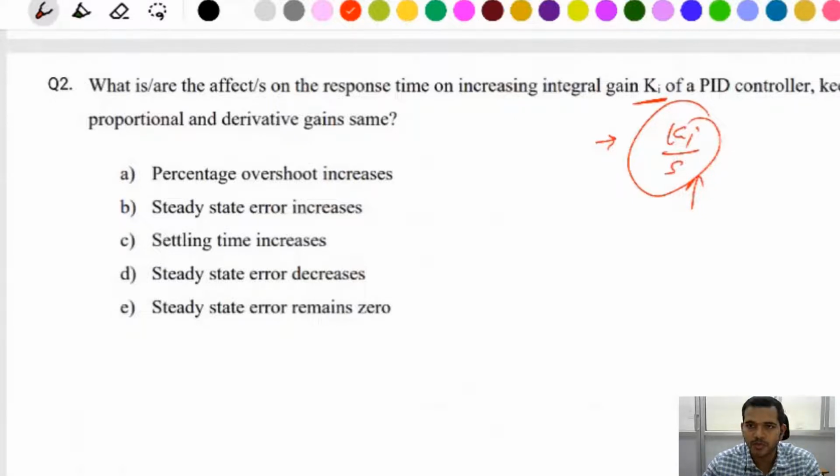If poles increase in any plant system, then in the control system the phase margin will decrease. When phase margin decreases, then peak overshoot will increase.